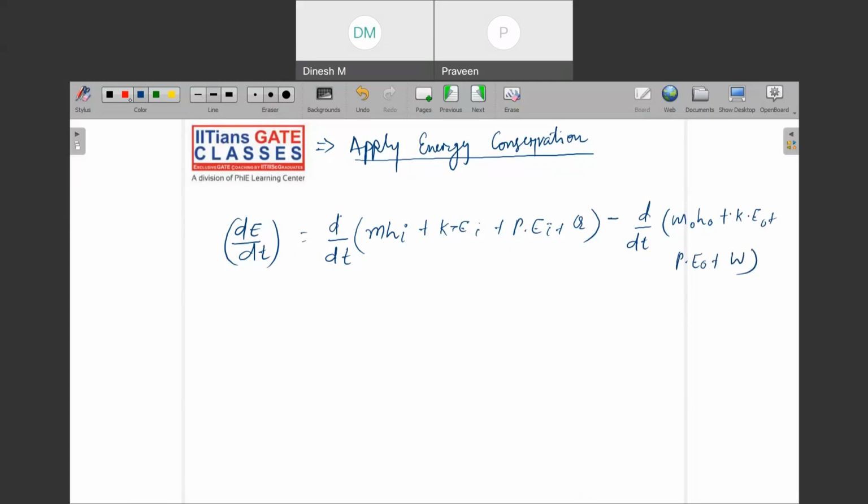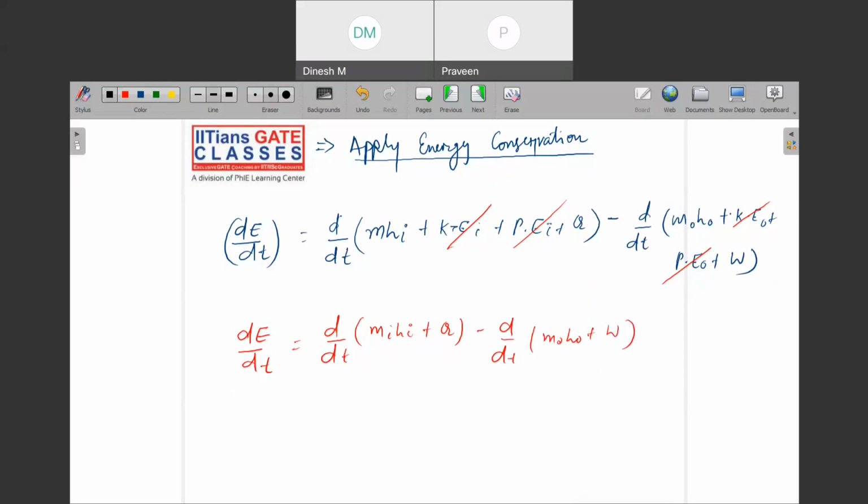Then if there is a certain approximation that there is no change in kinetic energy and potential energy, then can I write dE upon dt is equal to what things are left with us: d upon dt of m_i h_i plus Q minus d upon dt of m_outlet h_outlet plus W. See, now what happens in some special cases is that they will tell you there is no heat, there is no mass going outside, there is no work achieved, or any combination of this.